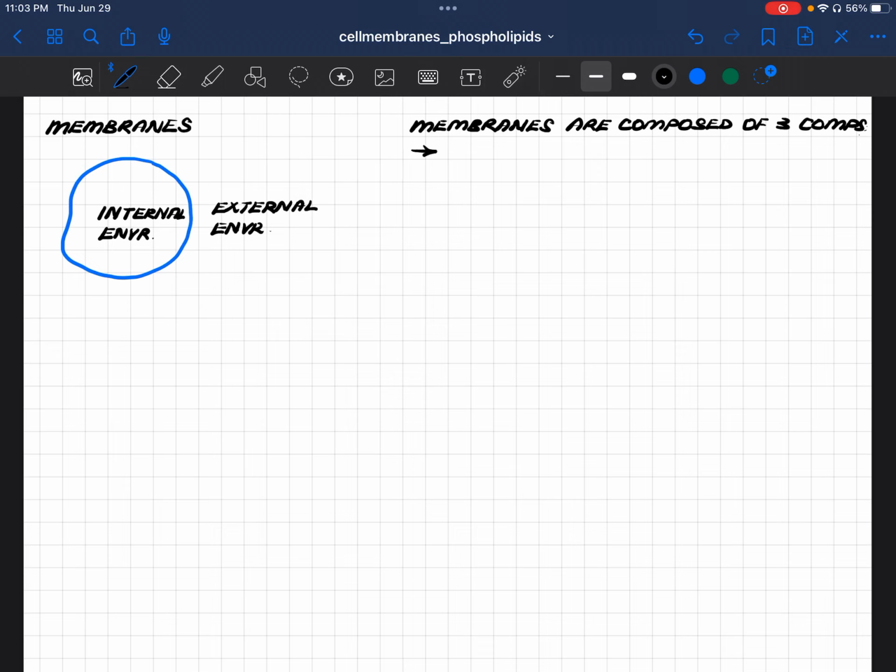We have lipids, and embedded in those lipids are proteins.